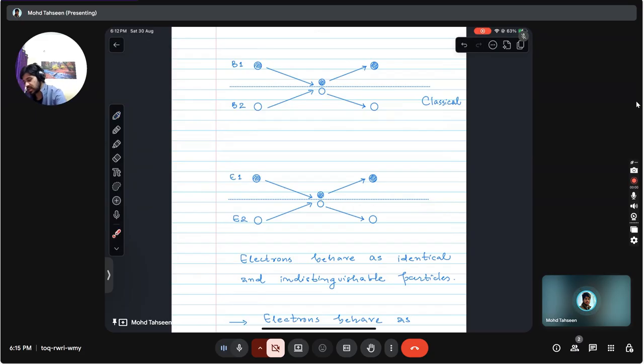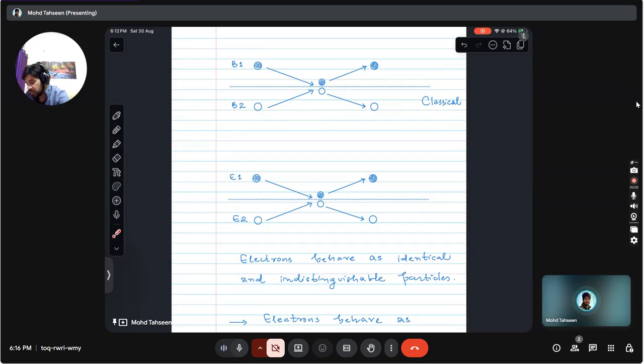These are treated as classical balls, let's say two tennis balls, and if we set them on these trajectories represented by arrows and let them collide, after the collision we assume that they get reflected across this collision point, and ball 1, which is incident like this, gets reflected as shown.